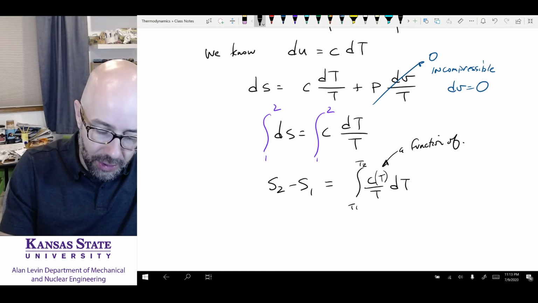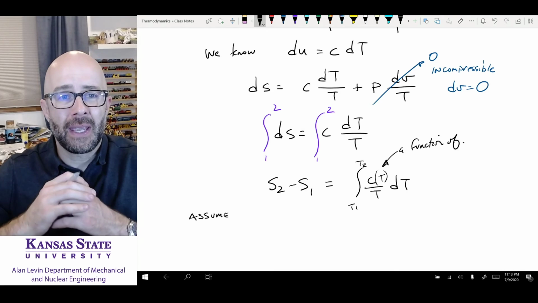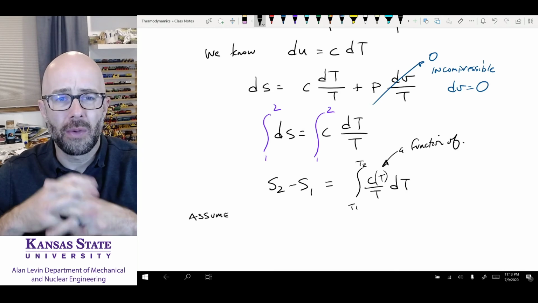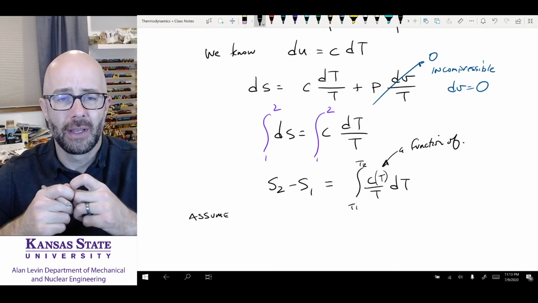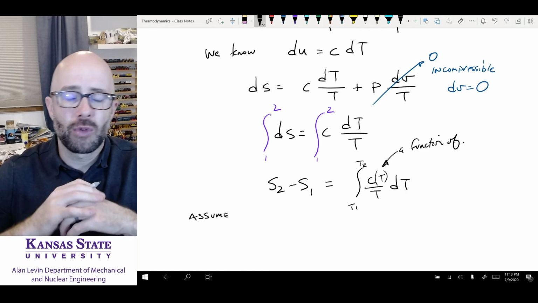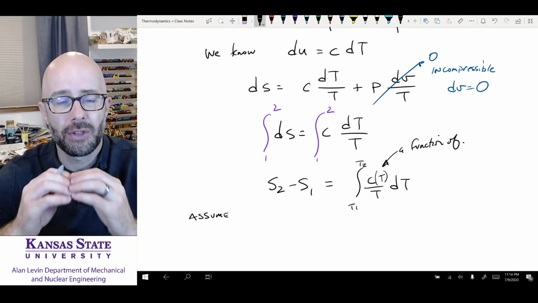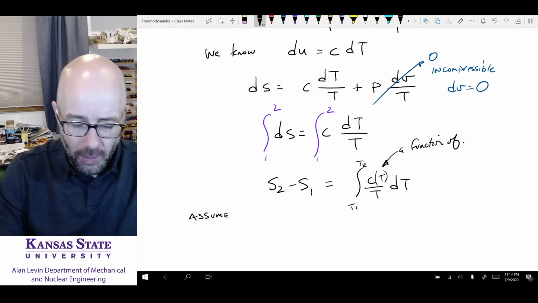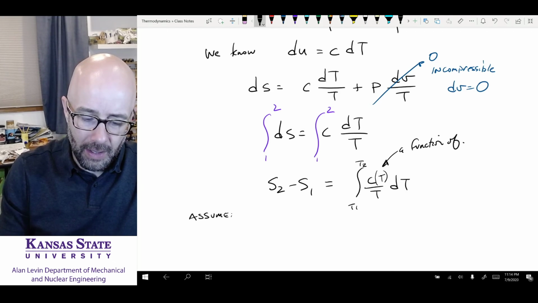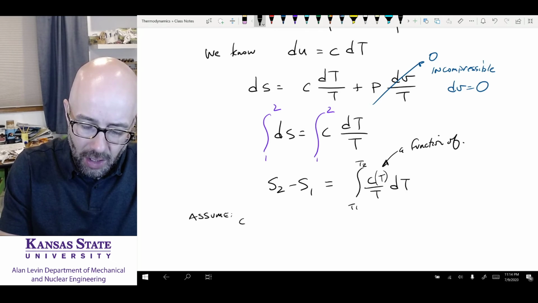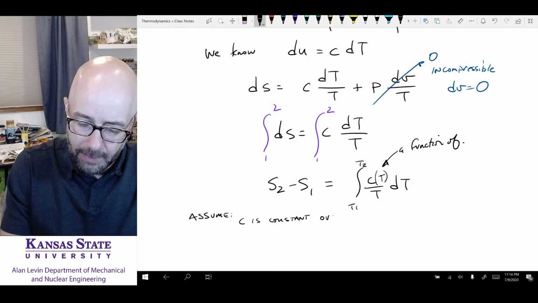However, if we assumed, and this is why I'm being very picky on your homework, you've got to talk about your assumptions. I know that the problem statement sometimes says assumptions, but I want you to explicitly define what your assumptions are. So assume here that specific heat is constant over the temperature range.